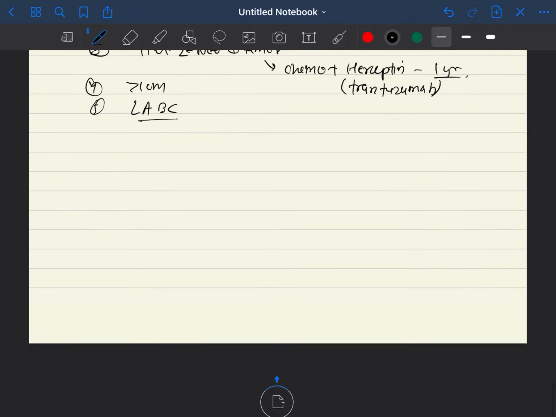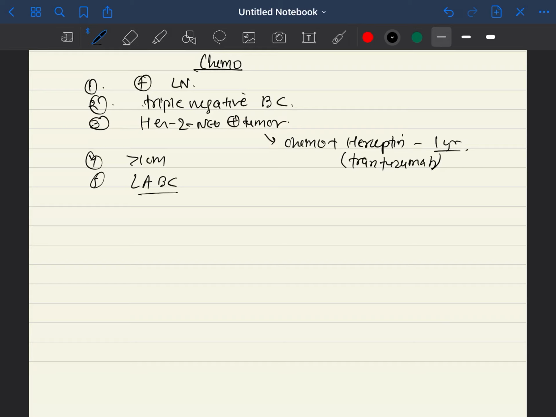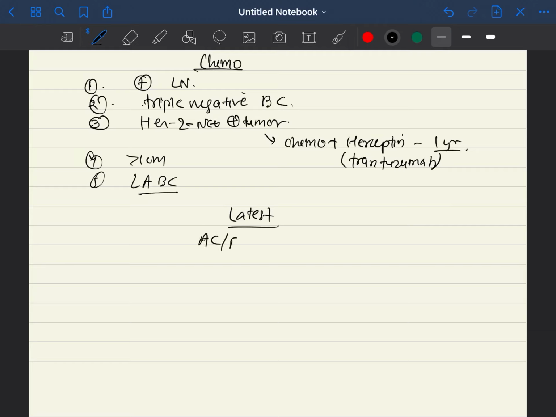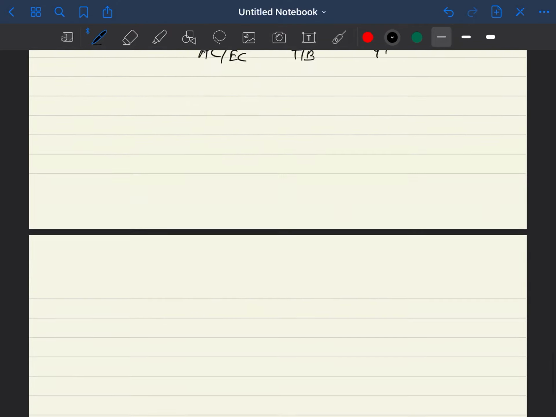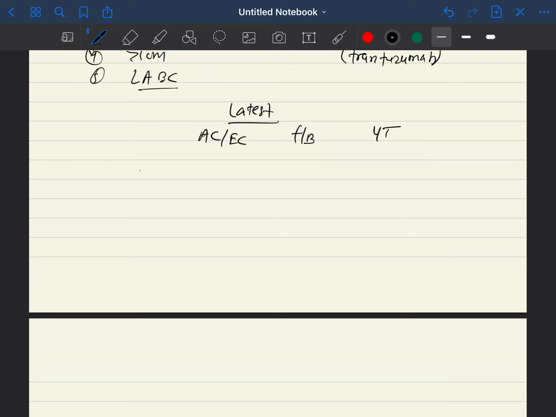So what is the chemo regimen? The latest chemo regimen is AC or EC followed by taxanes. So what is this, AC or EC?